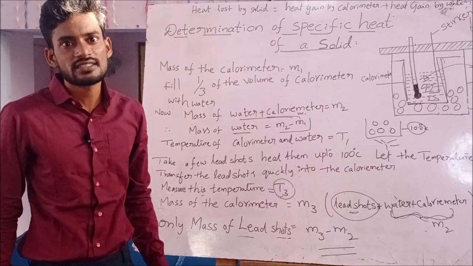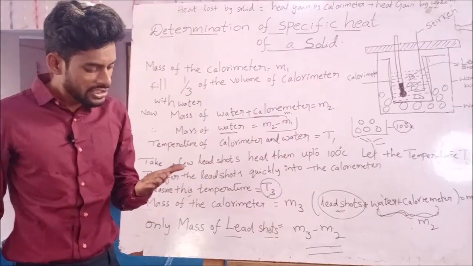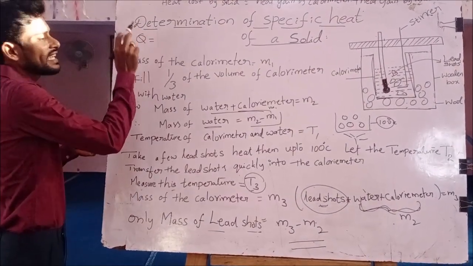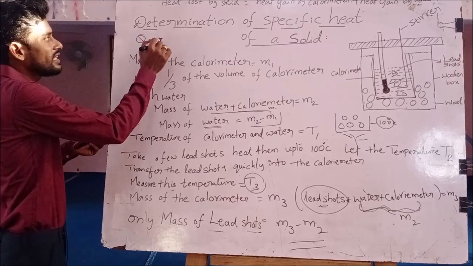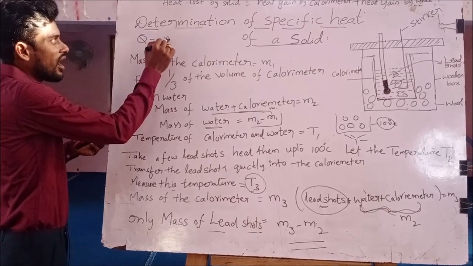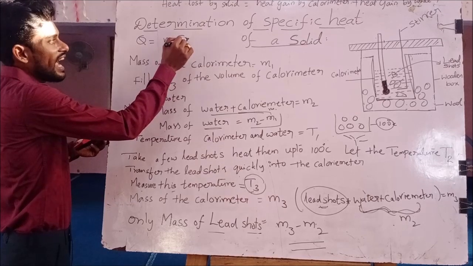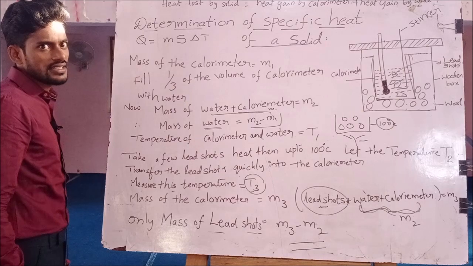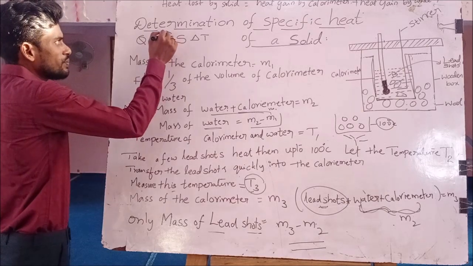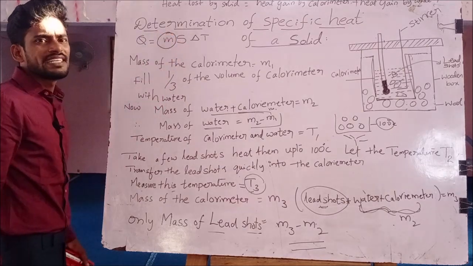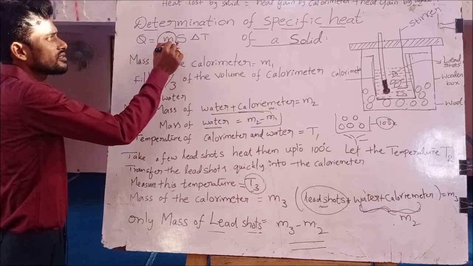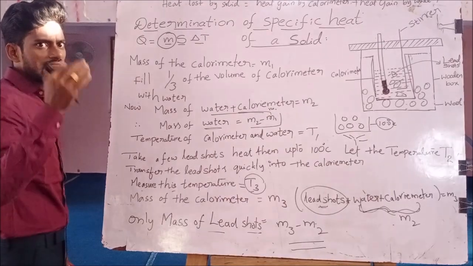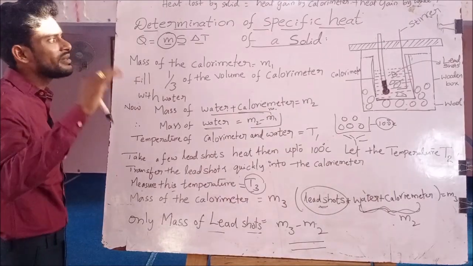Students already know that heat is indicated with Q. It should be the product of mass, specific heat and temperature change, delta T. Heat should always be taken as the product of mass, specific heat and temperature change. Here, three different materials are there.